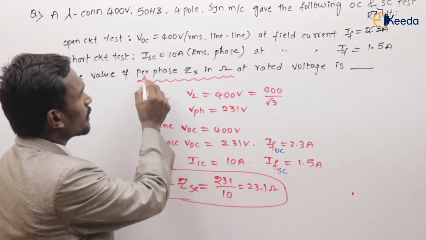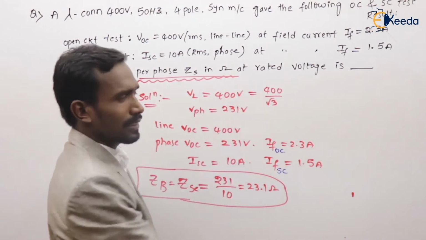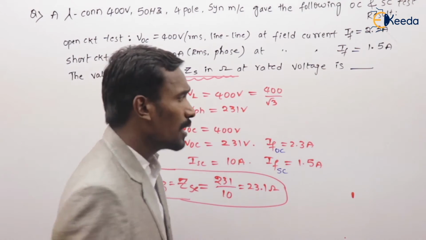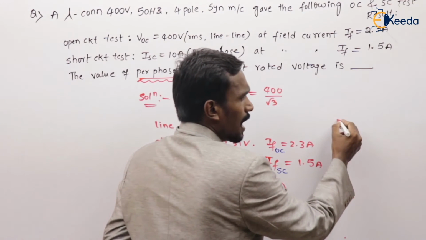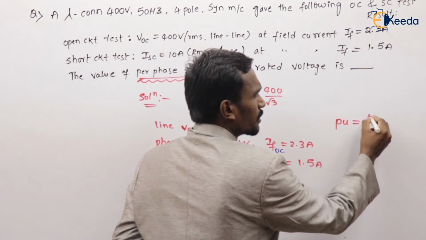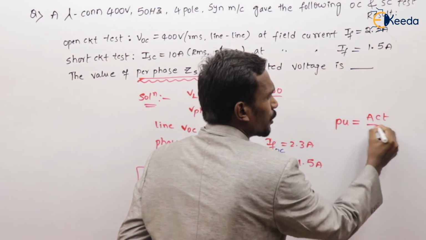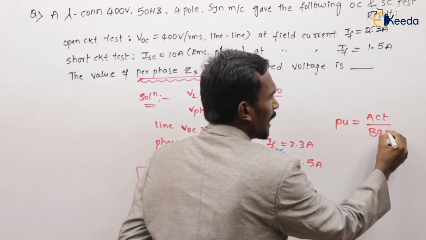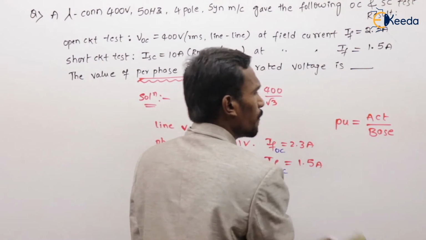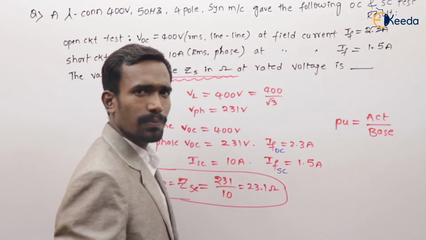But I want the per phase impedance. How? What is the formula? The formula is that per unit value is equal to actual value by base value.